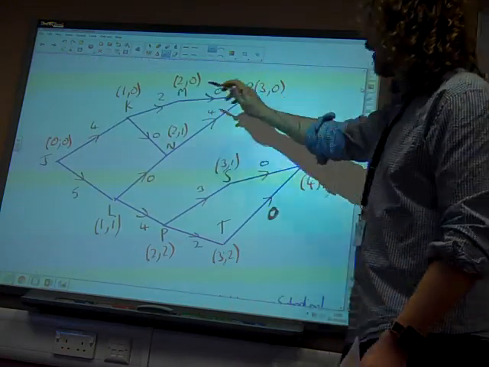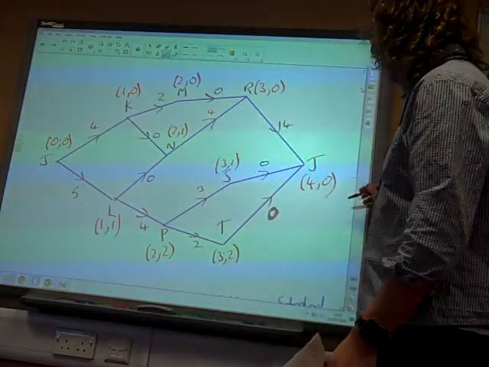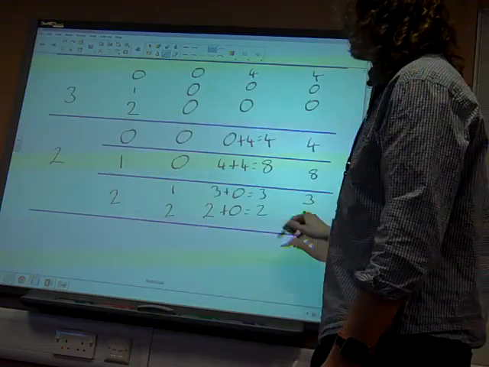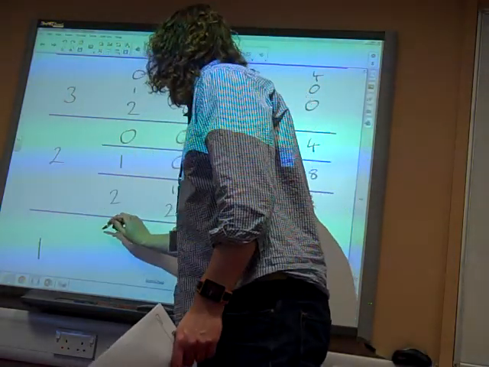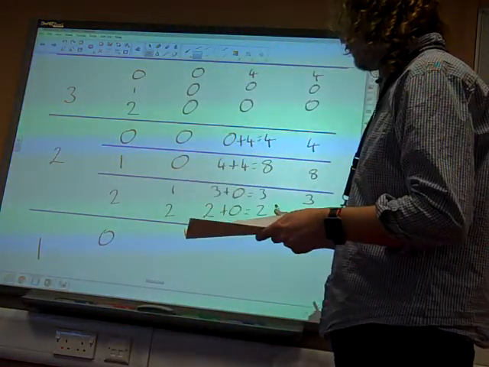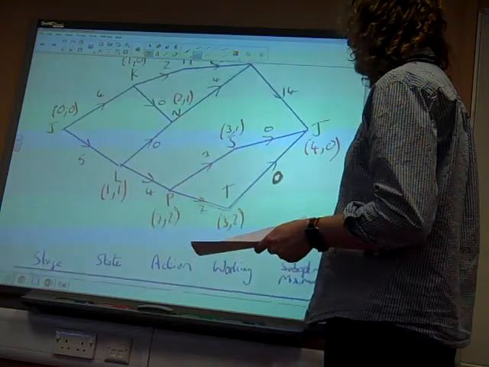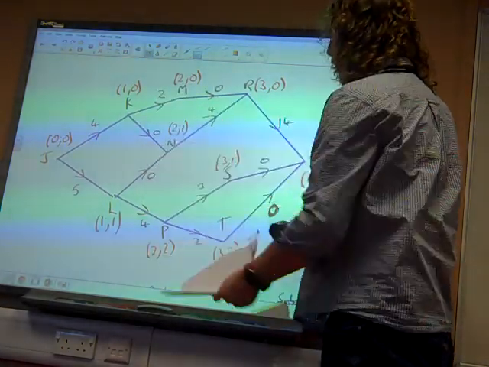Stage 1 has only two states in it, 0 and 1. So here we're in 1 with 0. 0 has actions 0 and 1.